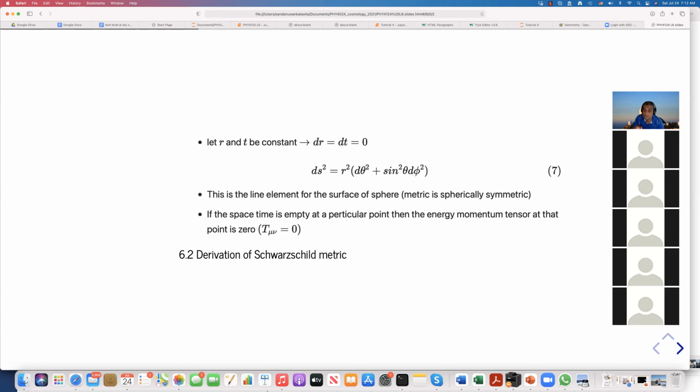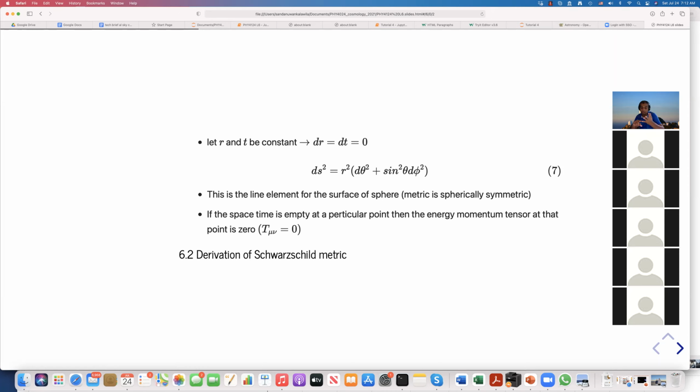If you are in empty space which has nothing, the energy momentum tensor should be equal to 0, right? Remember that after deriving the energy momentum tensor, we discussed two specific situations where you have the dust only, and then the perfect fluid. And this is another situation: when you have empty space, the energy momentum tensor should be equal to 0.